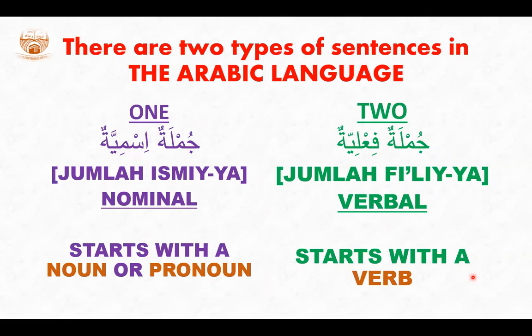So the boy went to the mosque. It will really be went the boy to the mosque, and we'll see how it is structured after. That's the reason why we say it starts with a verb.